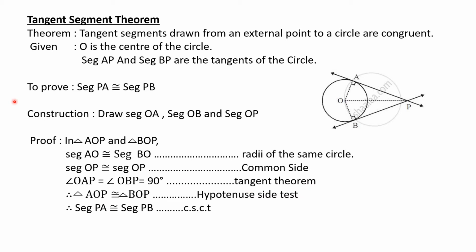Therefore, these two triangles are congruent by the hypotenuse side test. So triangle AOP congruent triangle BOP, hypotenuse side test. Then seg PA congruent seg PB, corresponding sides of congruent triangles.